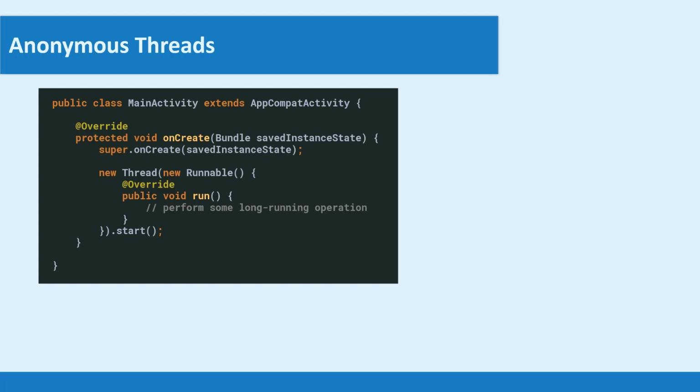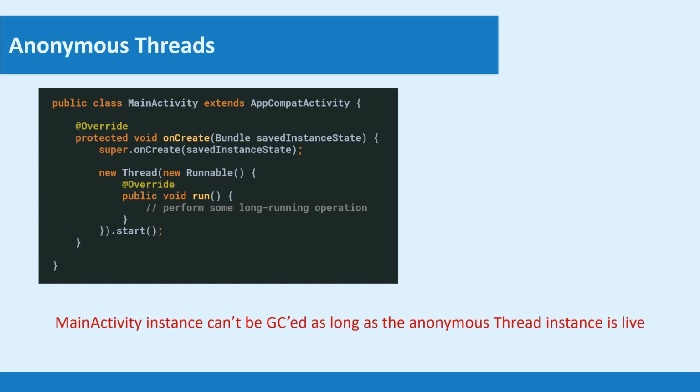Any anonymous inner class will have an implicit reference to basically the enclosing object. So in this specific instance, main activity instance can't be garbage collected as long as the anonymous thread instance is live. So for as long as this thread takes to execute, garbage collector won't be able to basically claim the memory associated with main activity. And if this thread runs forever, well, then main activity will be leaked forever.